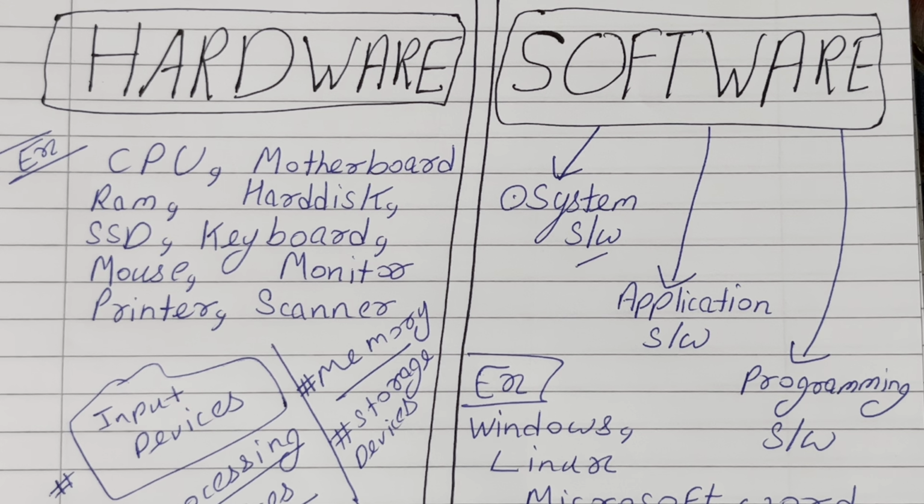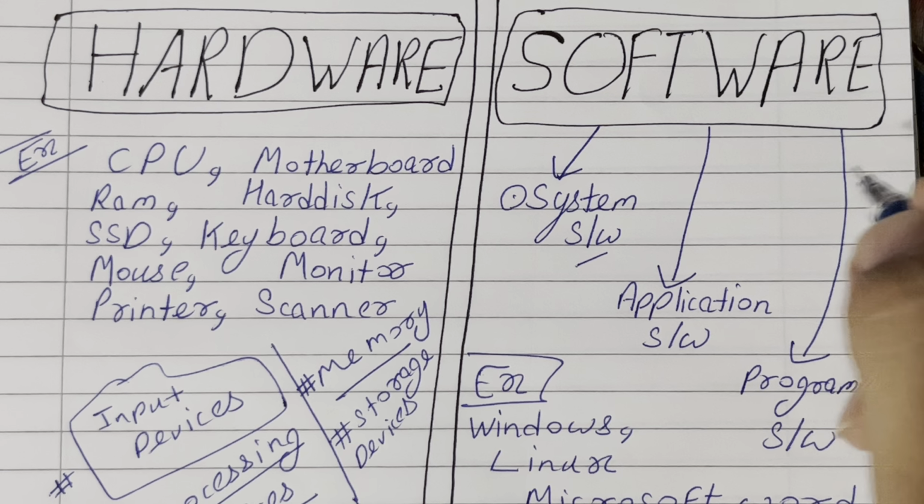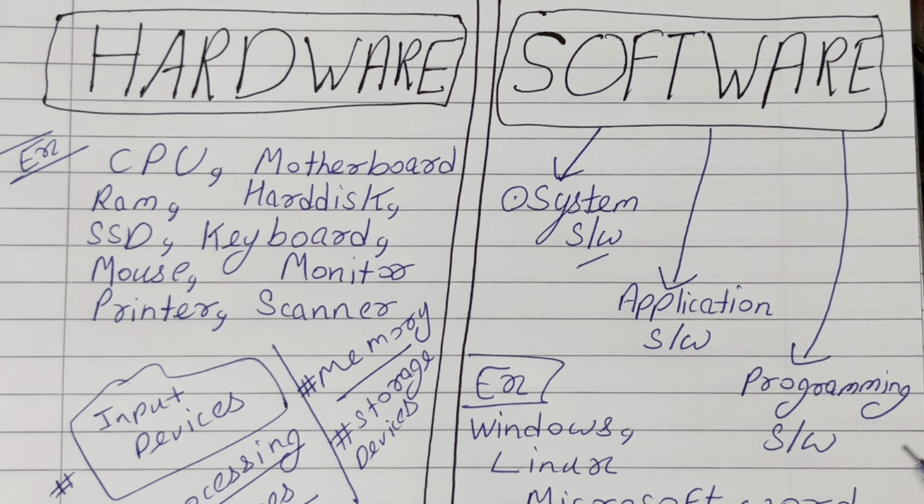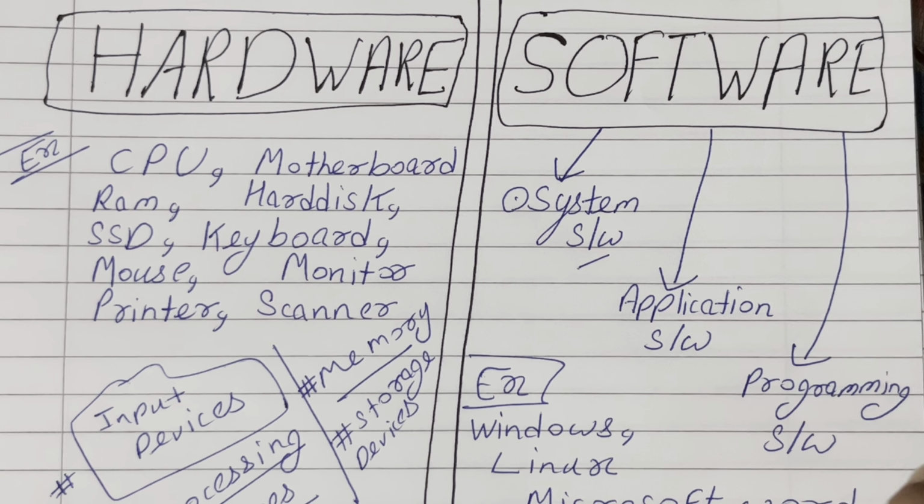Examples of IDEs that we use in our system are Eclipse, NetBeans, IntelliJ IDEA. But if we talk about programming software in general, examples like IDE, code editor, debugger, assembler, interpreter, and compiler can be considered as examples of programming software.